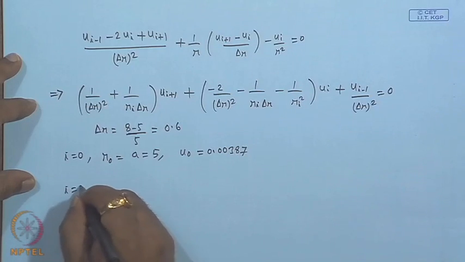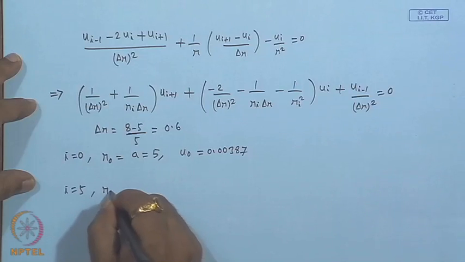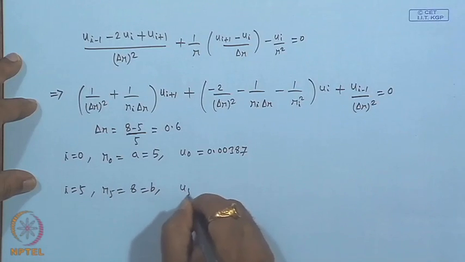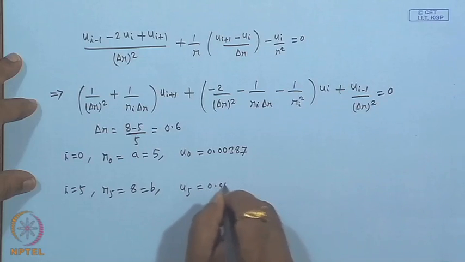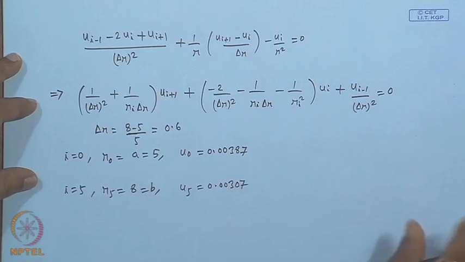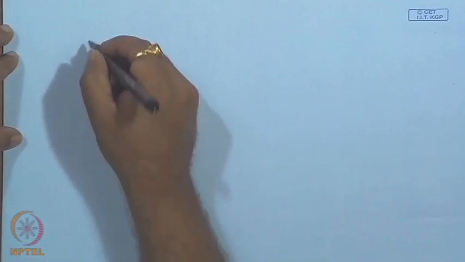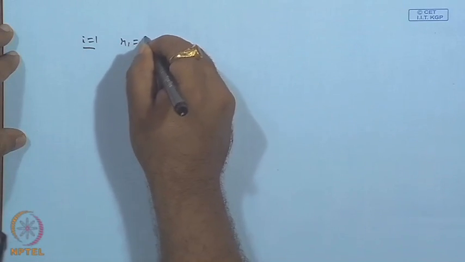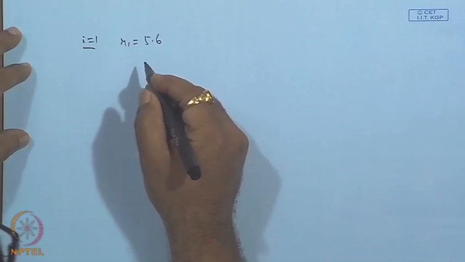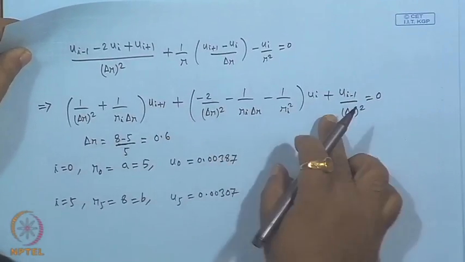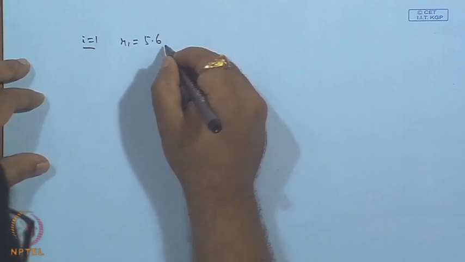Then i equals 5, r 5 is 8 and u 5 is given. Now for the intermediate values, i equals 1, r 1 is 5.6. Then we simplify the coefficients and write a system.